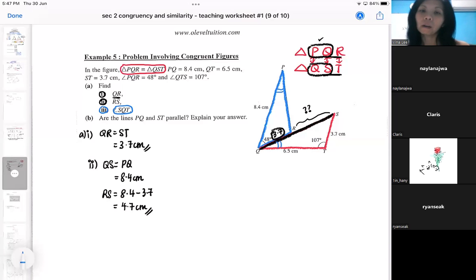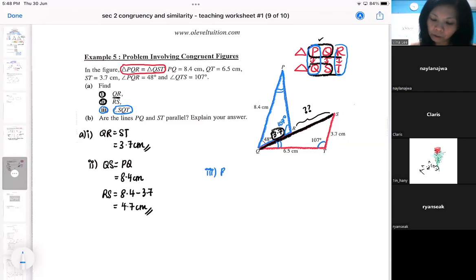Can you see? Angle Q should be matched with angle P. But first of all, I need to match the T and R first. Can you see? I need to match the T and R first.